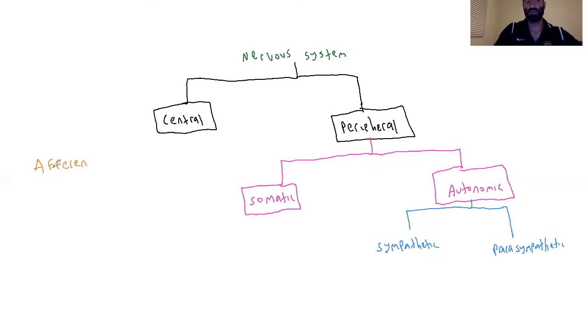Afferent means delivers sensory information to the brain. And on rare occasions, well, not rare, depending on how your day's going, could also be the spinal cord.